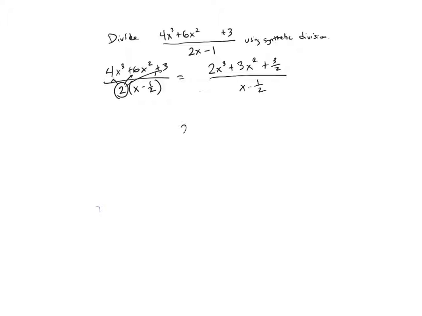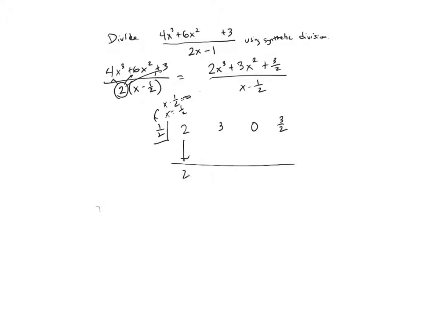So now I'm going to write the coefficients of the dividend, 2, 3, 0, remember, because we don't have an x term, and it's really important to put that placeholder if you're missing it. And then 3/2, little box. In that box goes what makes x minus 1/2 equal 0, which in this case would be x equals 1/2.